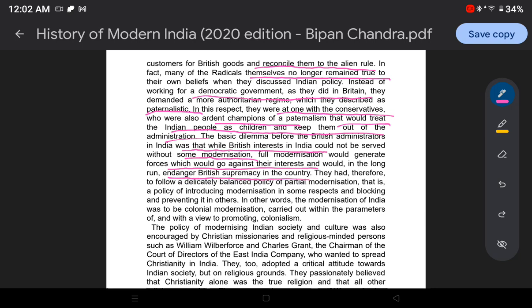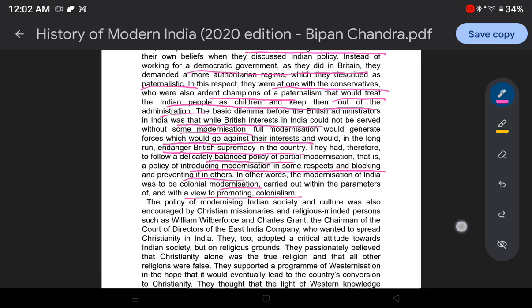They had therefore to follow a delicately balanced policy of partial modernization, that is, a policy of introducing modernization in some respects and blocking and preventing it in others. In other words, the modernization of India was to be colonial modernization, carried out within the parameters of and with a view to promoting colonialism.